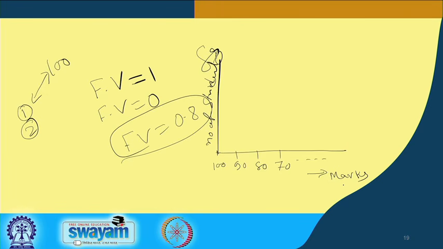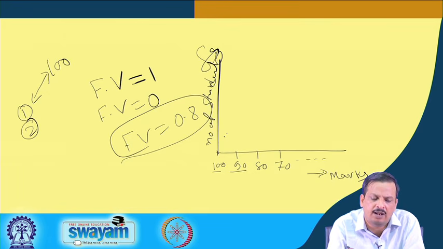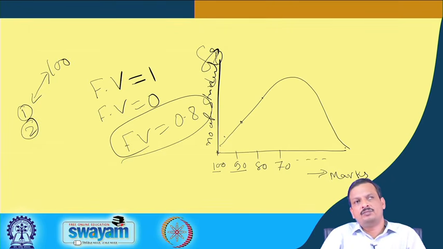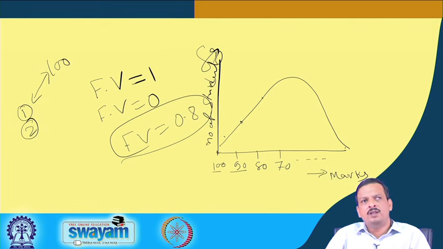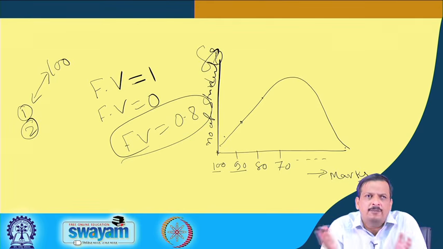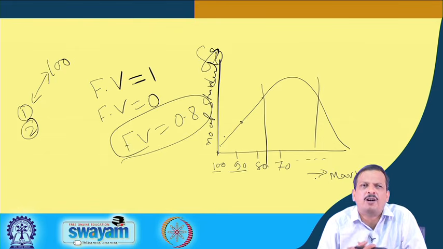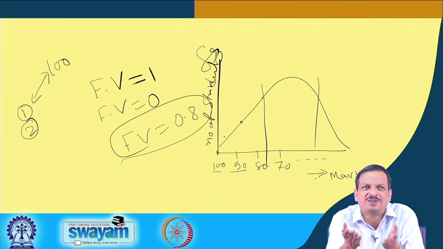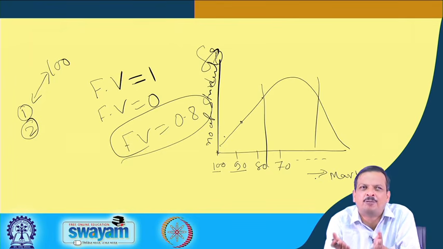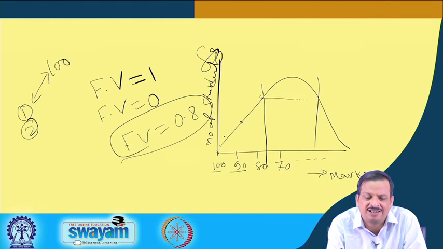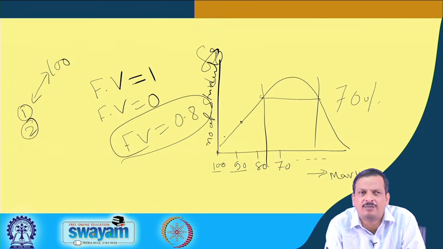What is the meaning? The number of students who got marks between 100 and 90, I put one number, then another number, then another number. If I plot this, this will follow a Gaussian distribution. Okay? As everybody knows, in a Gaussian distribution, if I take the 3 dB down point, the half power frequency, as it is called in electronics and resonant circuits, that means 70% of the population.